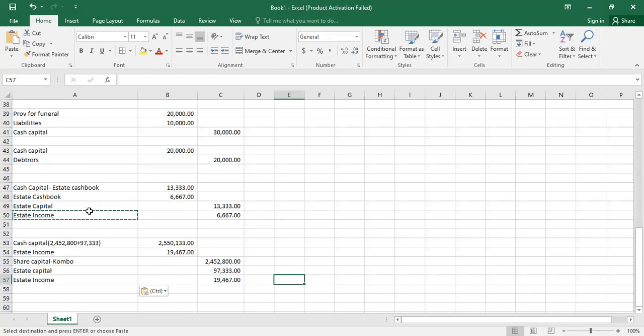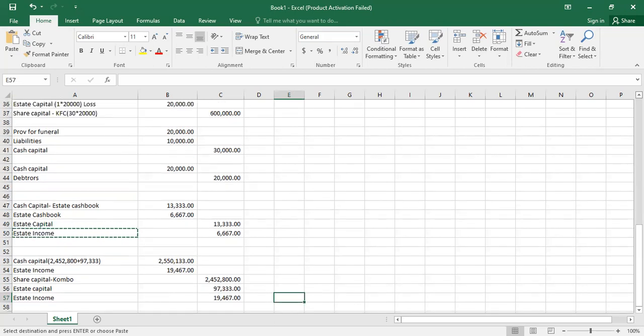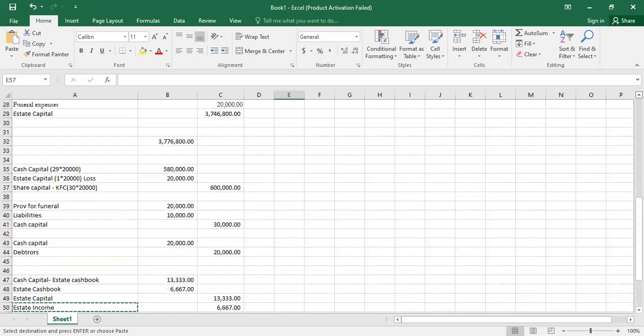So I think we are done here. Just need to now put this in the books of accounts, which is very easy because we have done all the double entry. So that was the hardest part.